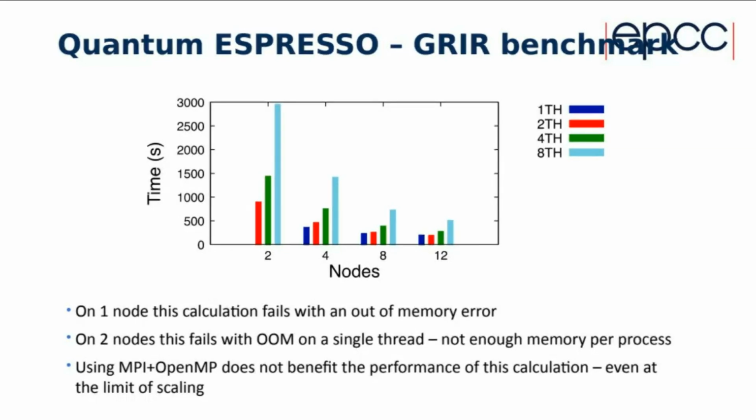So I don't have results here for a single thread. Here, using MPI plus OpenMP doesn't benefit the performance of the calculation. The runtime is better for a single thread, but it can help with the memory requirements. You can see that it actually runs on 2 threads where it wouldn't run on a single thread.